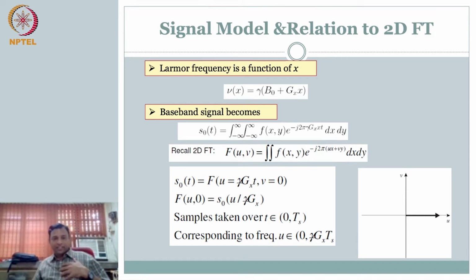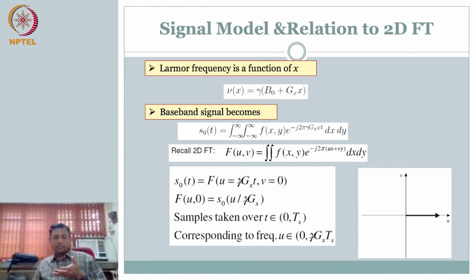Your S of t is nothing but the Fourier transform of f of x y. You recognize the variables: u is gamma Gx t, and v is 0 in this equation. So when you compare S0 of t and the standard 2D Fourier transform of f of x comma y, you recognize that the S0 of t that you have measured is actually a Fourier transform with frequency components u and v.